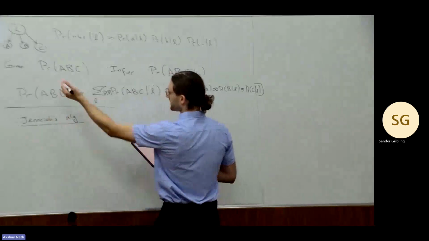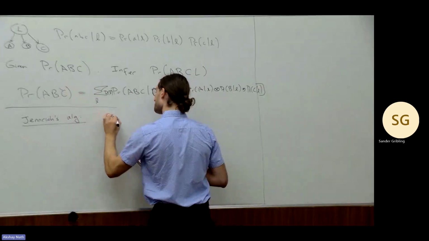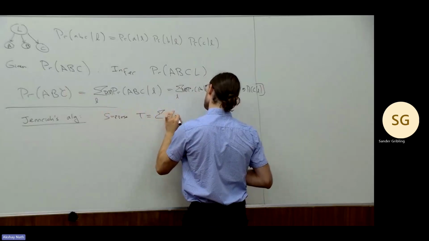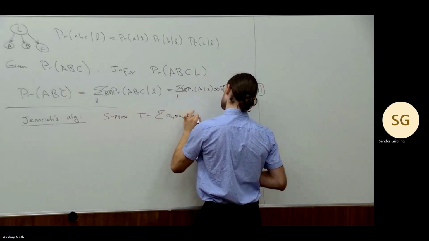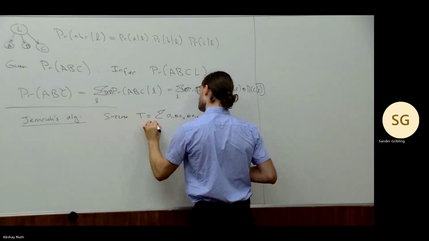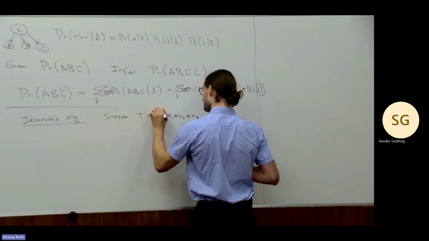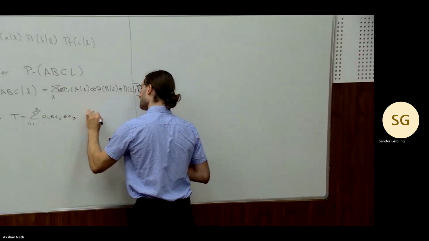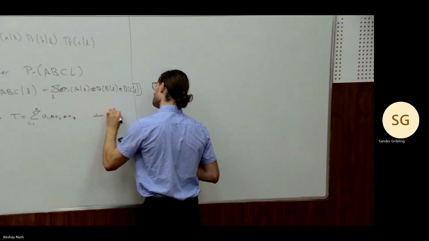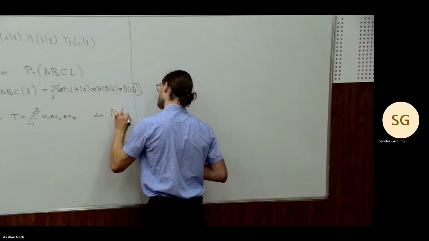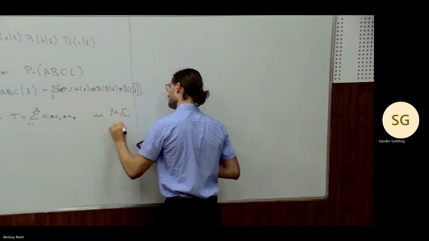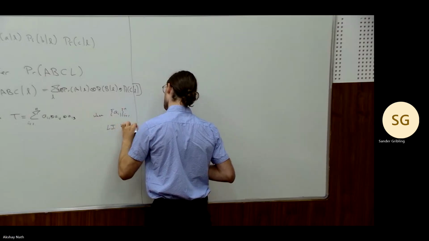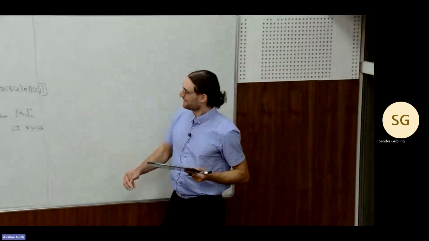So this is an algorithm for decomposing tensors. So suppose that T is a sum of a_i1 tensor a_i2 tensor a_i3, i from 1 to n, where the a_i1 are linearly independent, and similarly for the a_i2 and a_i3.